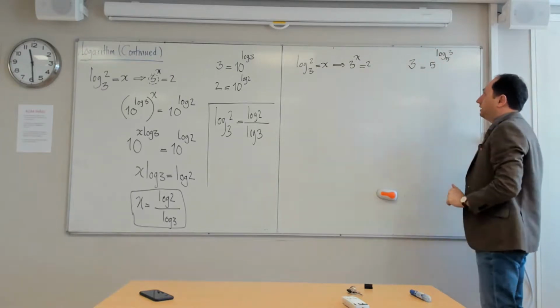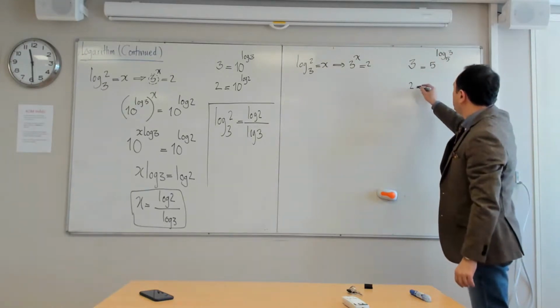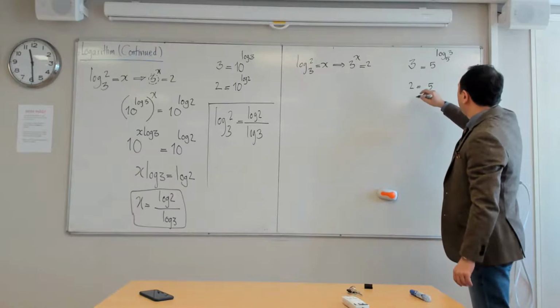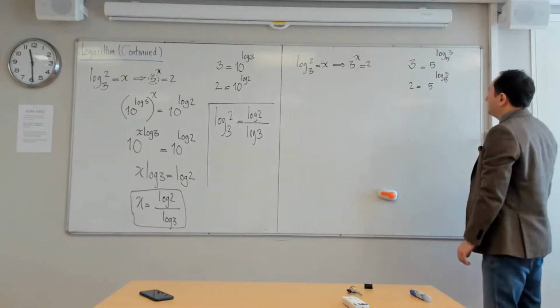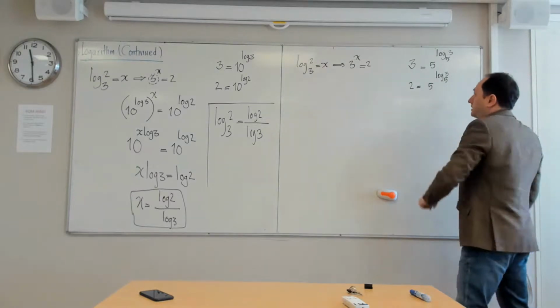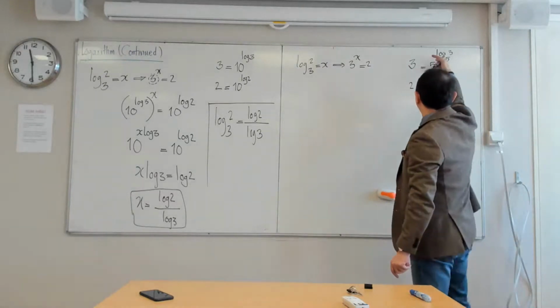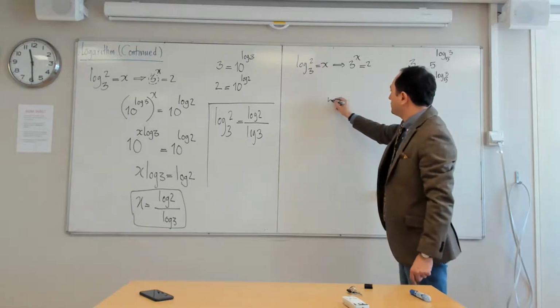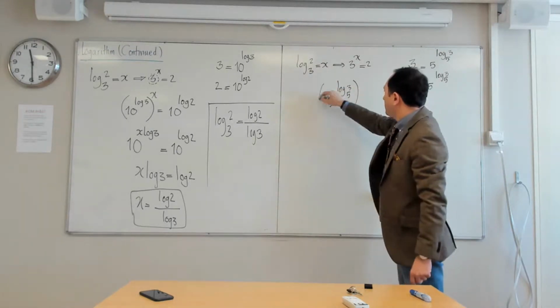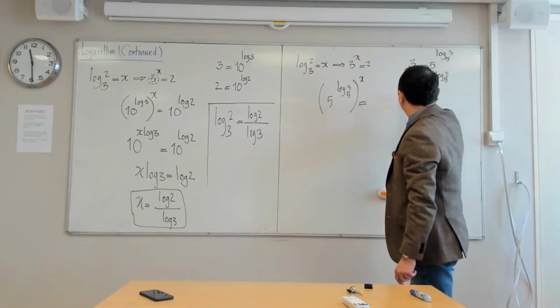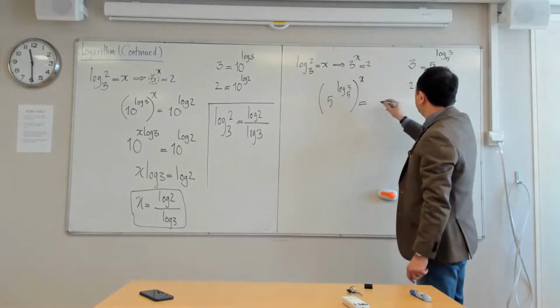That's completely okay. I can do the same with 2. I can write 2 as 5 to the log of 2 in base 5. And then I put them back into that equation. Instead of 3, I put this fancy combination, so 5 to the log of 3 in base 5, to the power of x. Instead of 2, I write this combination.